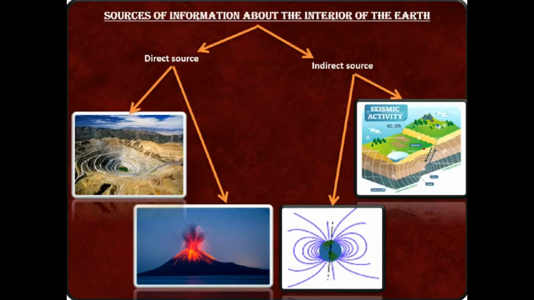So, the indirect sources include gravitation, magnetic field and seismic activity. Seismic activity means seismic waves. They are also called as earthquake waves. Seismic waves are waves of energy that travel through the earth's layer. Most of our information about the earth's interior has come from seismic studies.